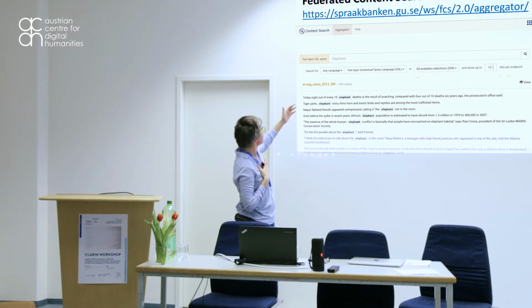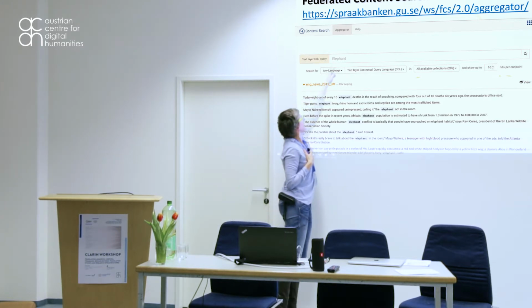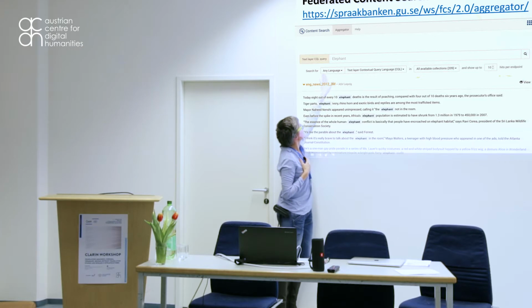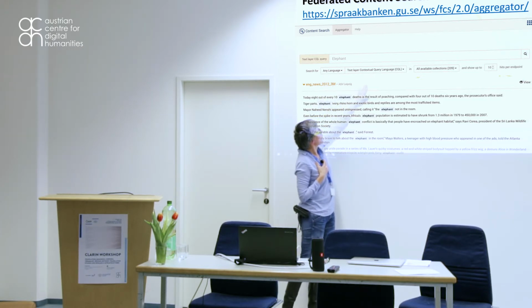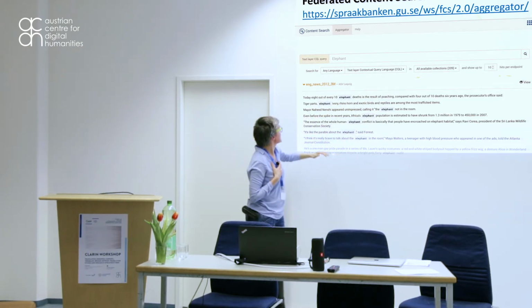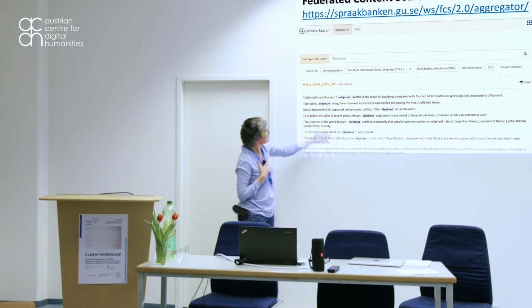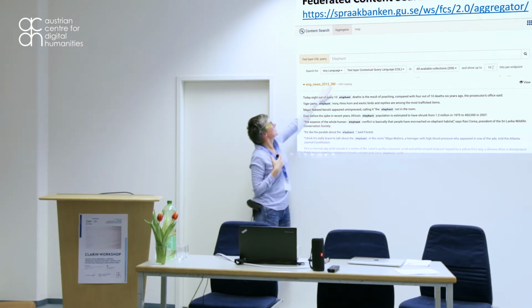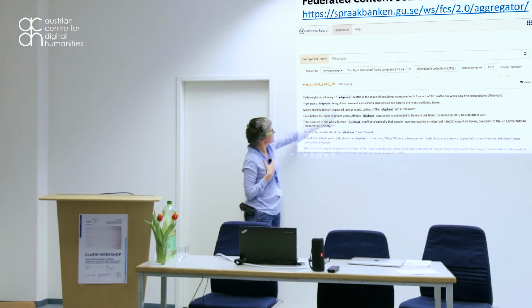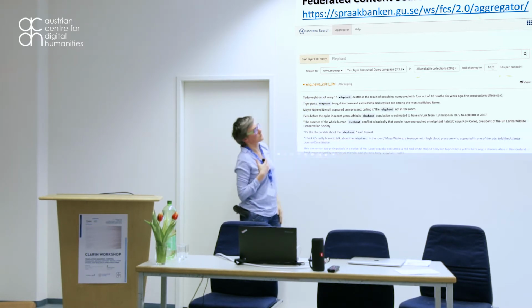So I tried typing here the word elephant. You can filter for languages or some other filters here. And then this works really fast and gives you results where the word elephant has been identified in which corpora. So when you see a lot of relevant hits, then you can proceed by focusing just on this particular corpus.